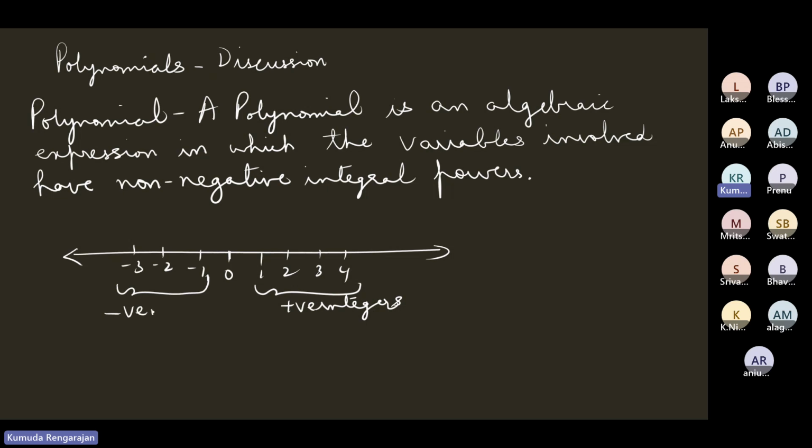So these are negative integers. Now the 0 is neither positive nor negative.